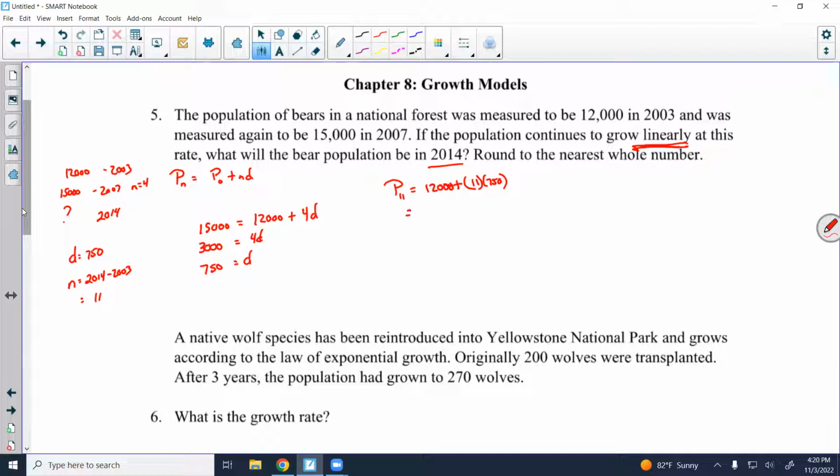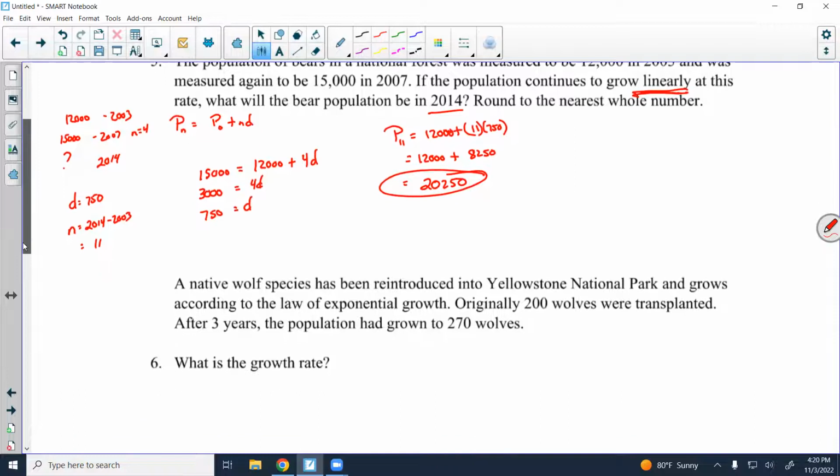Yeah, I just noticed that. Thank you. So I have 12,000 plus, what's 11 times 750? Is that 8,250? Add it together, and I get 20,250. Easy, right? Any questions on that one?